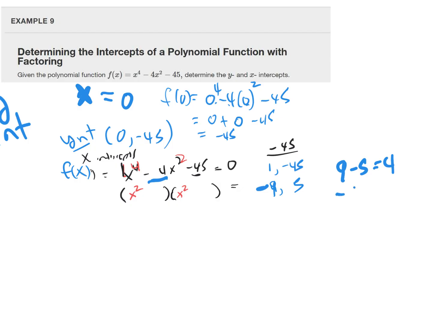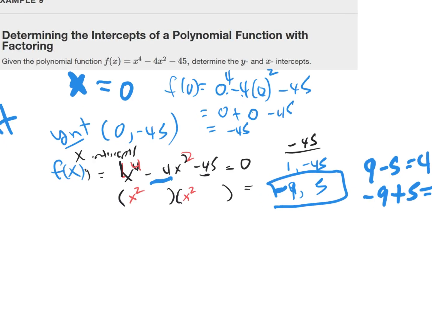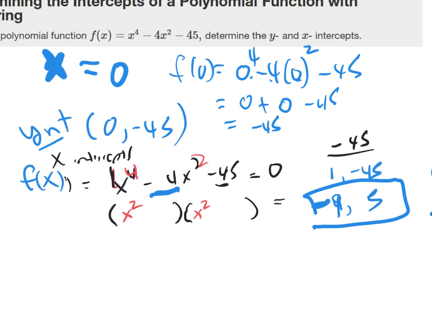That gives me negative 9 plus 5, which gives me a negative 4. So these are the two numbers I need. So watch. One of the x squareds gets the negative 9. The other x squared gets the positive 5.